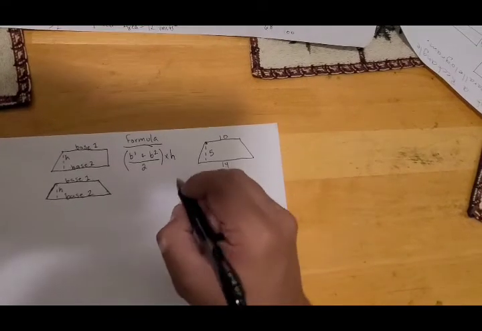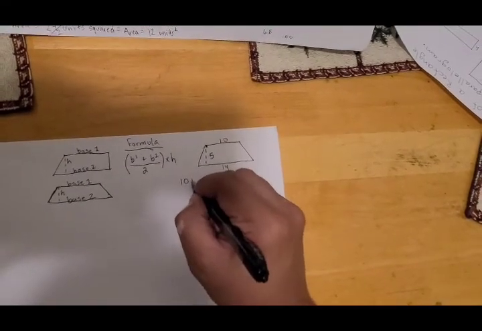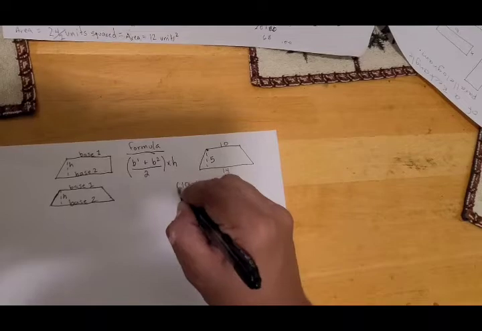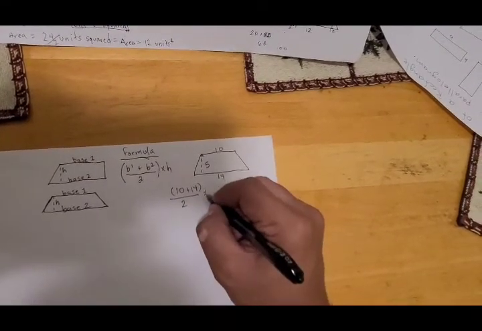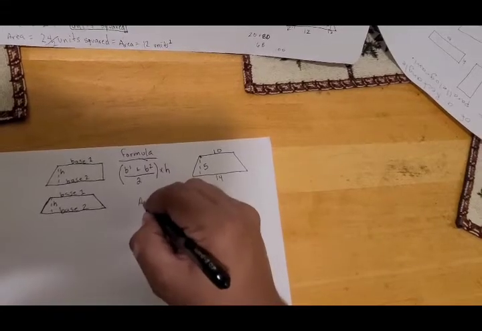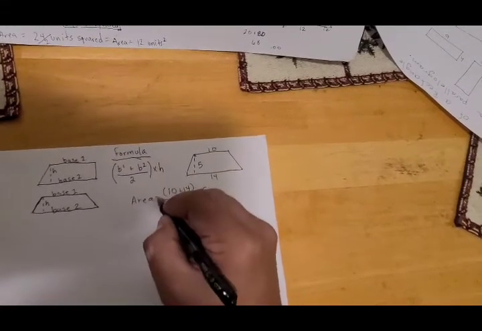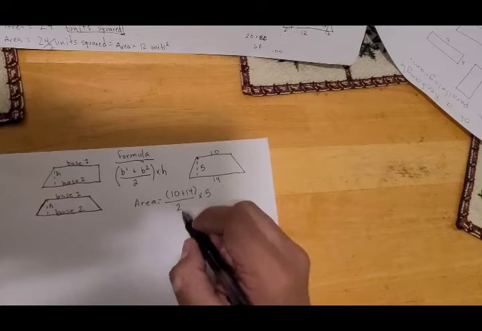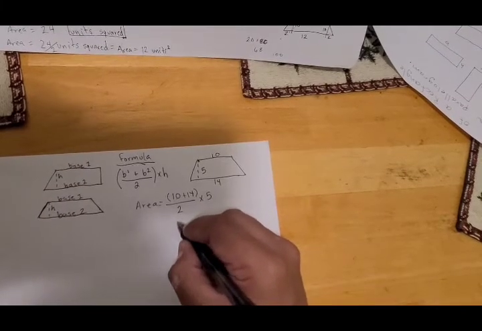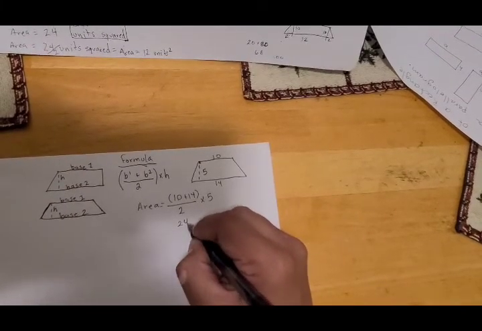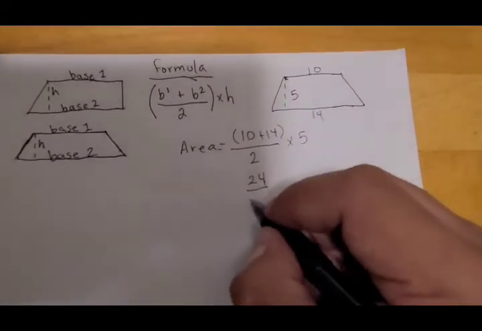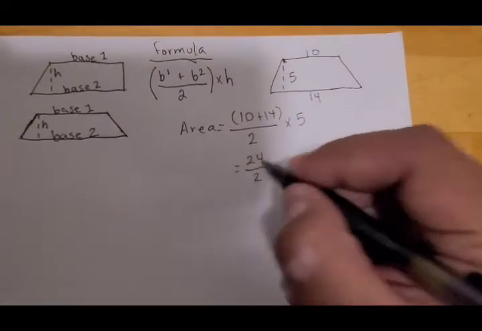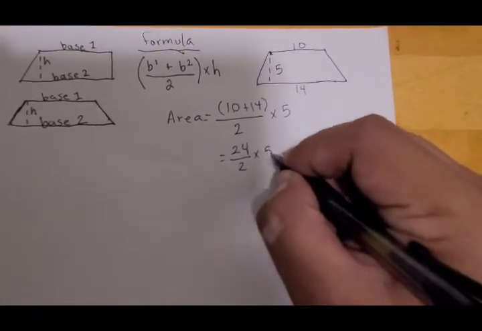This means that we have 10 plus 14 divided by 2 times 5. This is our area. 10 plus 14 equals 24. So that will give us 24 divided by 2 times 5.